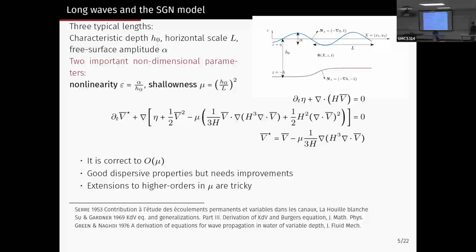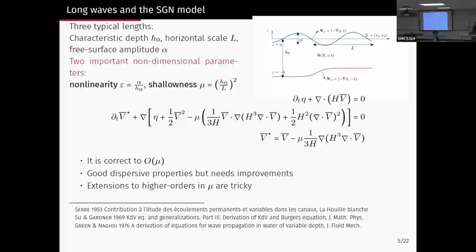It is difficult to extend to higher orders of mu, and it was recently shown by Mačuňo. I will come back to this later. That when you go, for example, to mu squared, one order further, the problem is linearly ill-posed, which is very bad for both theory and numerics, if you want.